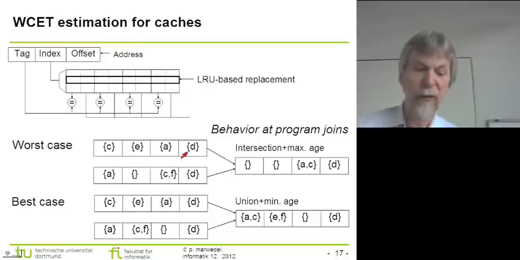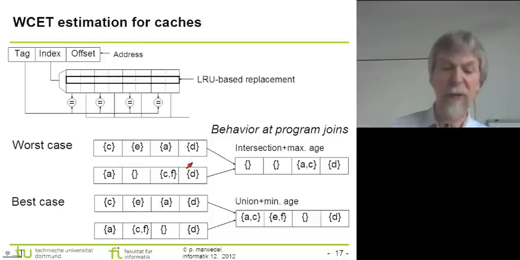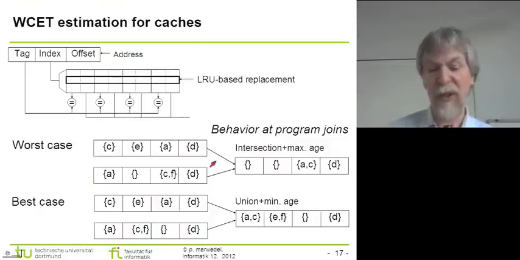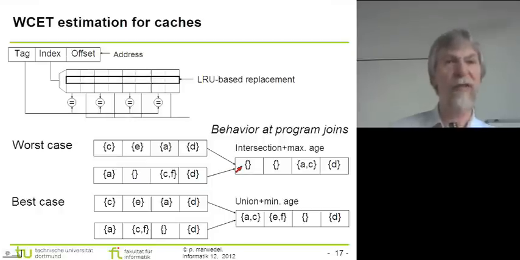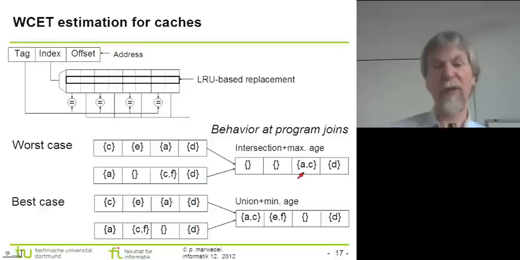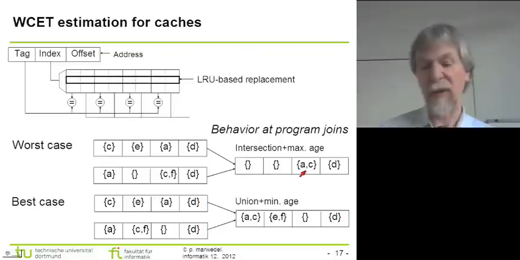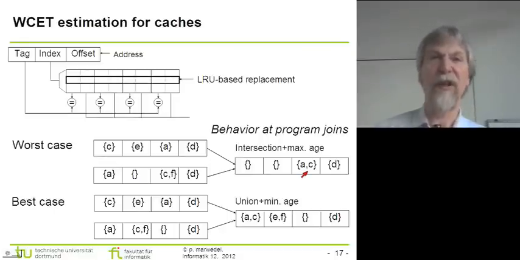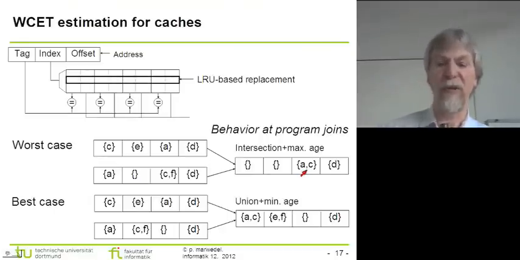Well, if we consider the worst case, we have to assume that a variable which is missing in one of the two cases will not be there in the final state. And whenever we try to figure out in which position that variable will be, we have to assume that in the worst case it will be the oldest position.